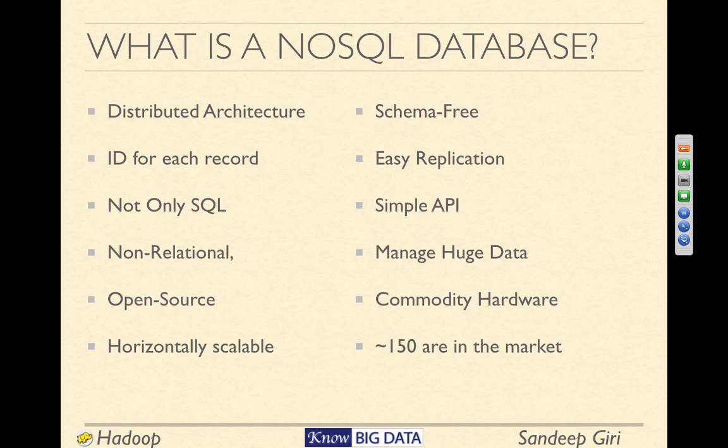To be able to serve these records, you should be able to identify them, and therefore for all kinds of NoSQL databases, a common thing you will find is that there is a unique identifier for each record. Be it MongoDB, Cassandra, HBase, CouchDB, be it anything, they have to have an identifier. The identifier can be exclusively an identifier, or it could be something like a key value pair where the key is distinct.